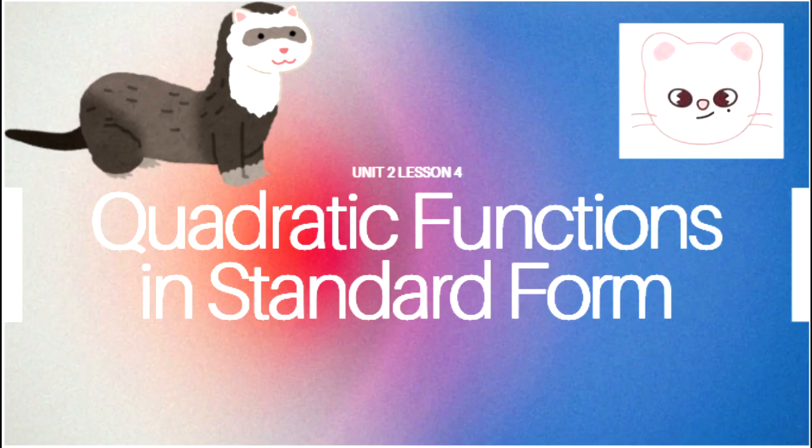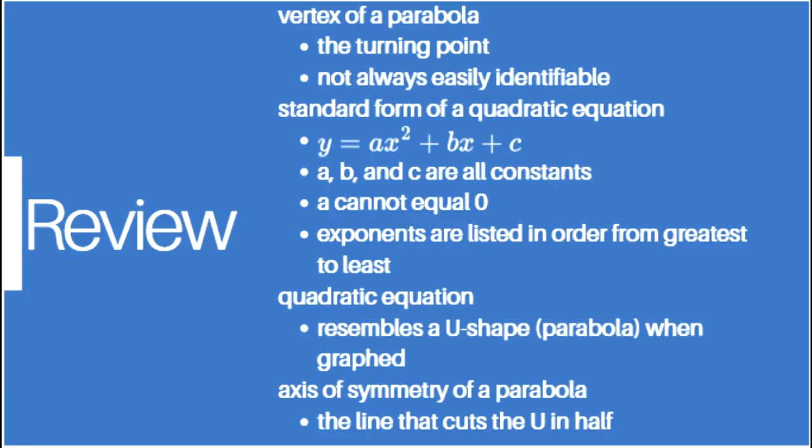This is Unit 2, Lesson 4, Quadratic Functions in Standard Form. A quick review of the last lesson. The vertex of a parabola is the turning point, and it's not always easily identifiable. It was in the last lesson, it's not this time. Standard form of a quadratic equation is y equals ax squared plus bx plus c.